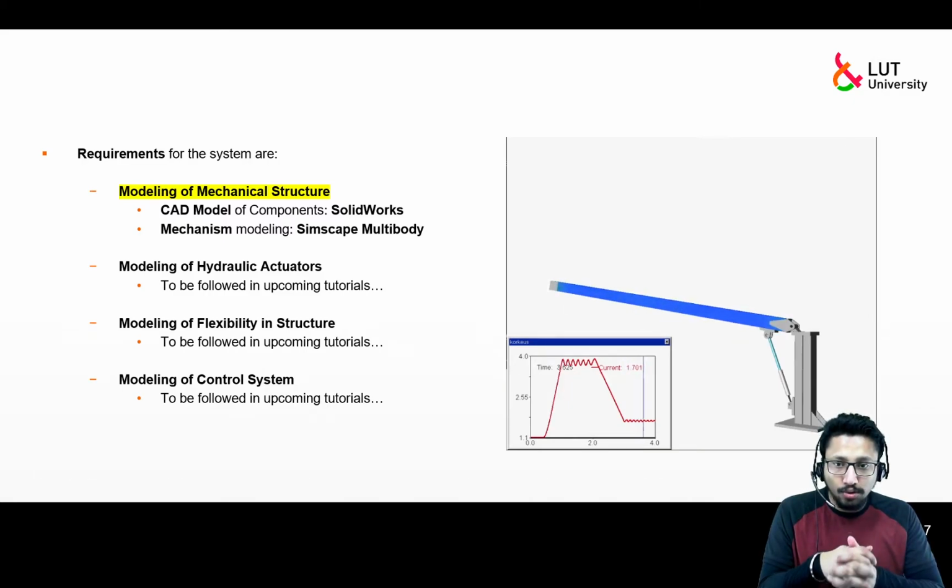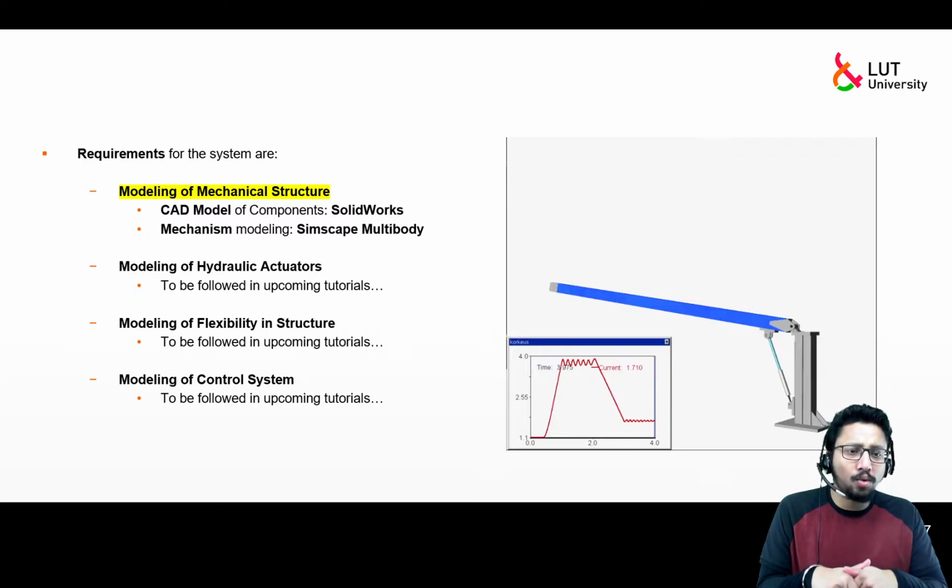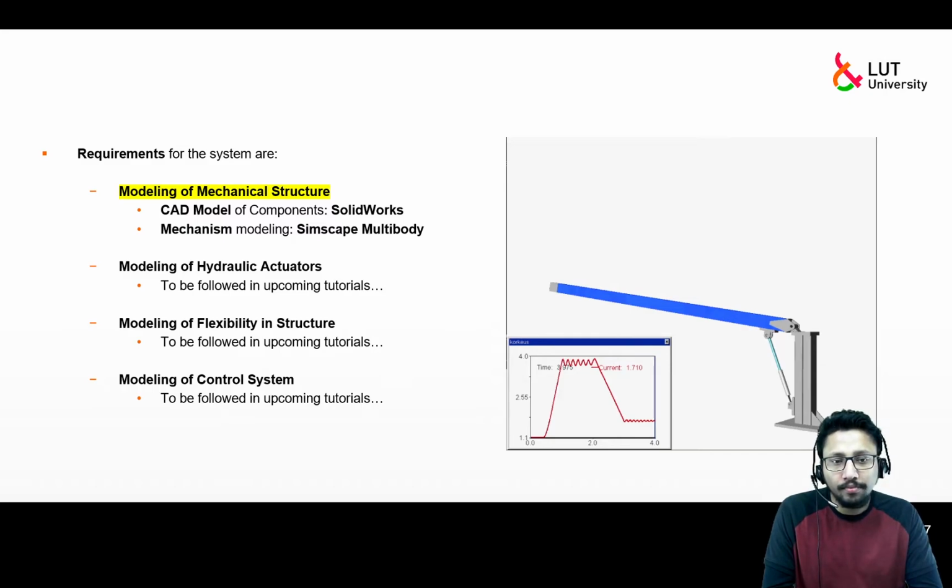However, in this tutorial I am focusing particularly on modeling of the mechanical structure. As you can see, the mechanical components here are quite advanced. They have quite advanced geometry as compared to the simple geometries that we have been using so far in Simscape Multibody, correct? So who is going to model these advanced components?